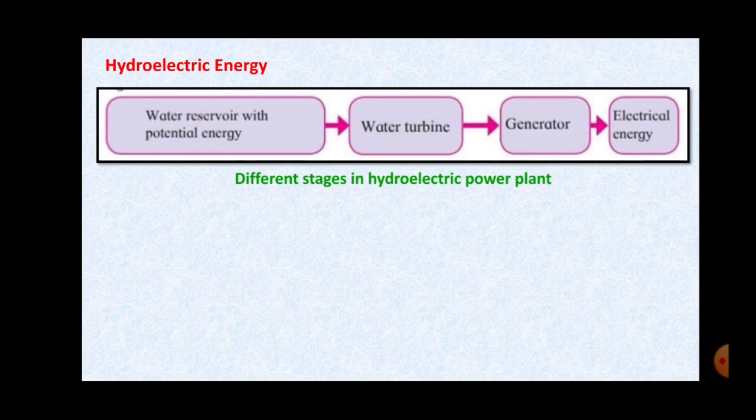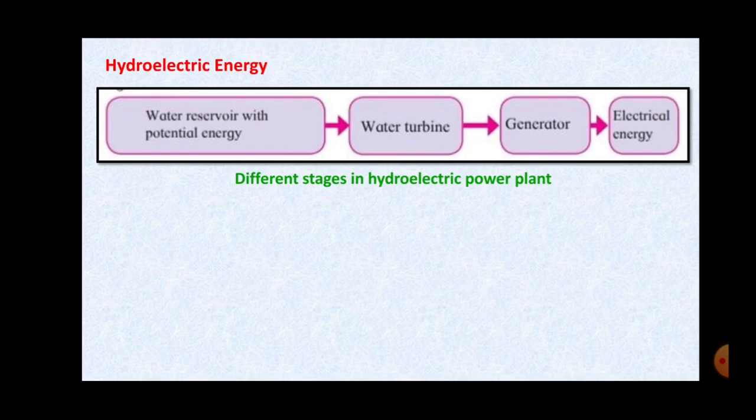The water is stored there, and the potential energy present in this water reservoir or the dam is converted into kinetic energy by allowing the water to fall at a very great speed, and thus the potential energy of water gets converted into kinetic energy.